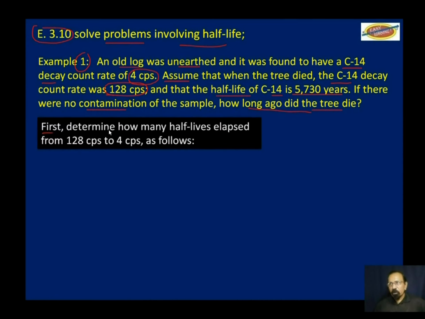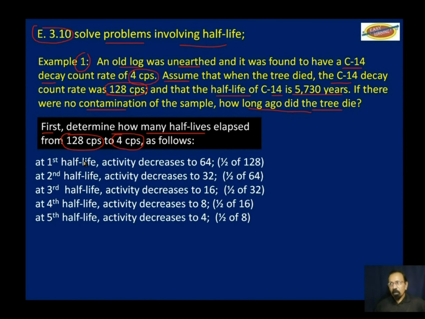So first, we will determine how many half-lives elapsed from 128 CPS to 4 CPS as follows. The first half-life, it will drop to 64. That is half of 128. That is one half-life. Then the second half-life, it will drop to 32, which is half of the 64. And the third half-life, it will drop to 16, which is half of 32.